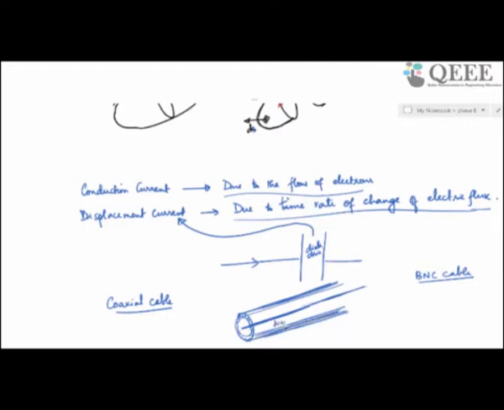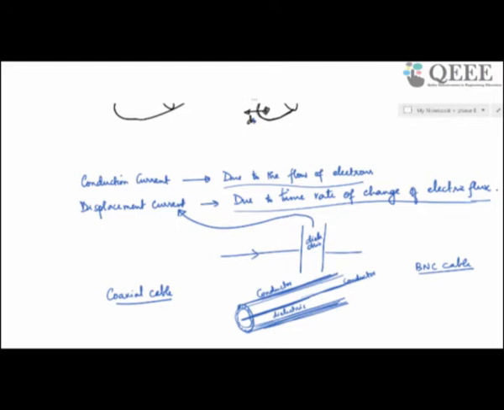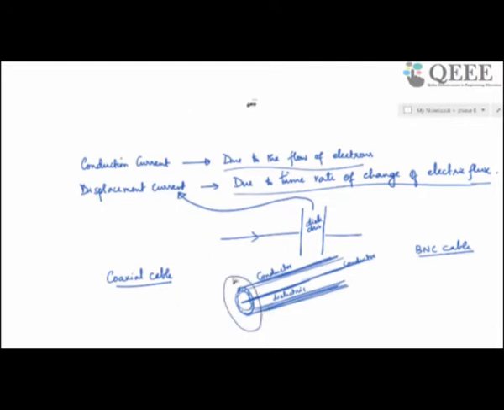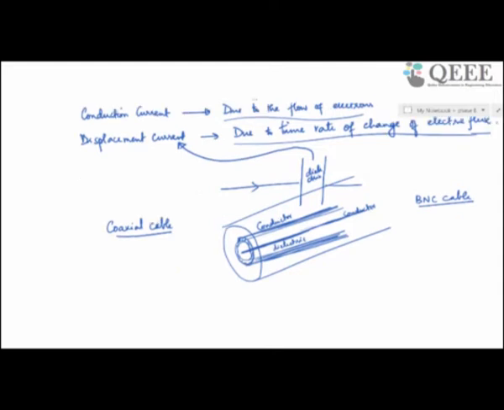So here you have dielectric, you have a conductor at the center and a conductor outside, and then the whole thing will have a black covering.